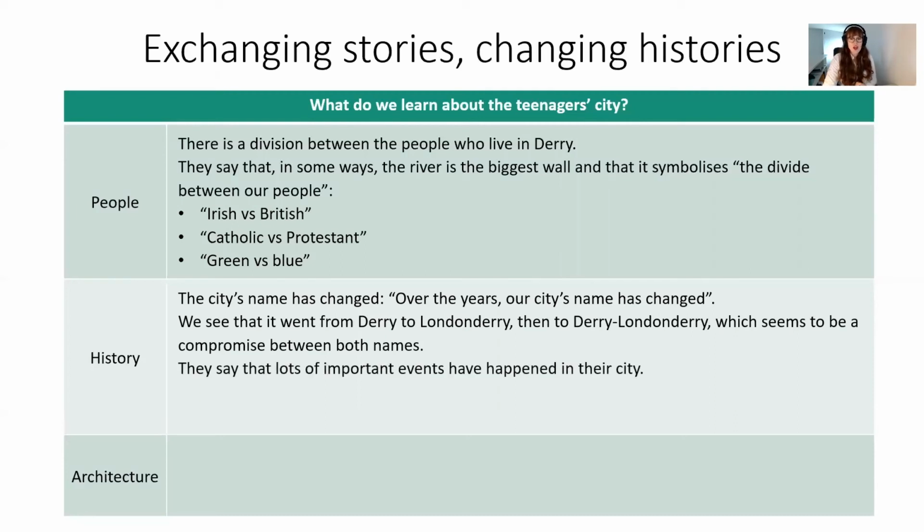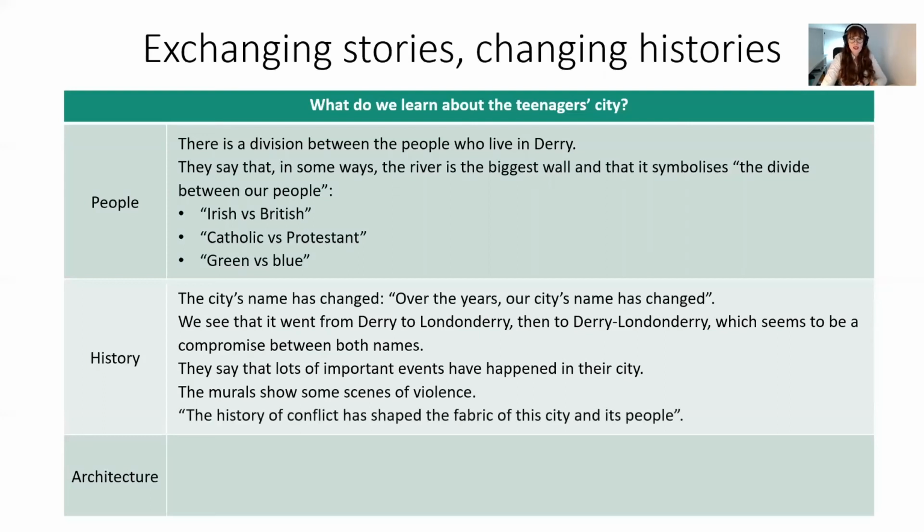They say that lots of important events have happened in their city. The murals show some scenes of violence, so the history of the city is probably a little bit violent. And they say the history of conflict has shaped the fabric of this city and its people.